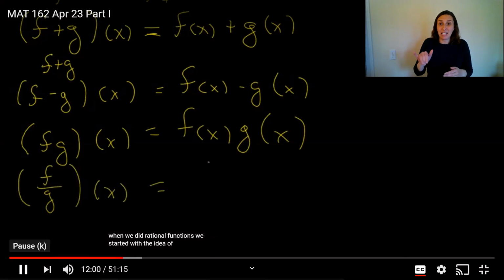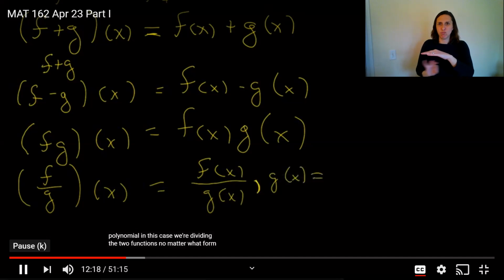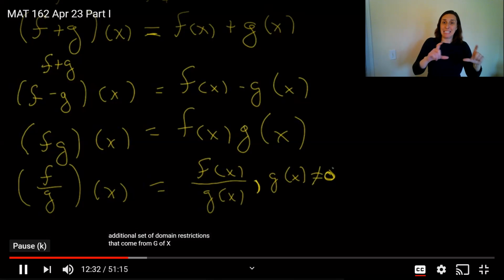We started with the idea of division because it has a value. But at this point, we don't require these to be polynomials anymore. Right? Rational functions, it was restricted where f of x had to be a polynomial and g of x had to be a polynomial. In this case, we're dividing the two functions, no matter what form they have. And we get an additional set of domain restrictions that come from g of x not being 0.